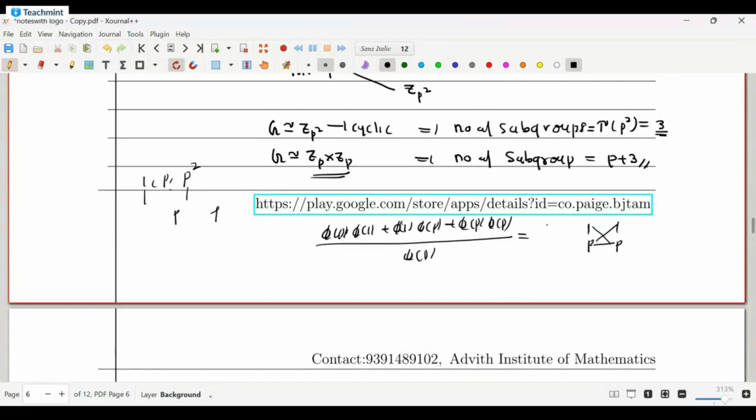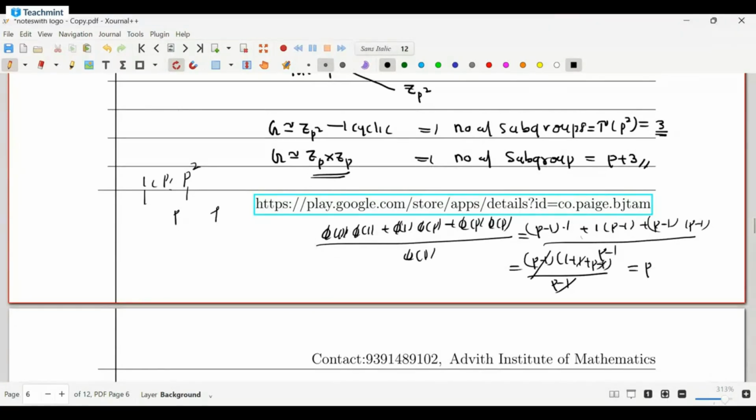So this equals phi of p, that is p minus 1, into 1, plus 1 into p minus 1, plus p minus 1 into p minus 1, all divided by p minus 1. Taking p minus 1 common, we get 1 plus 1 plus p minus 1, divided by p minus 1. The p minus 1 terms cancel, and you will get p plus 1.